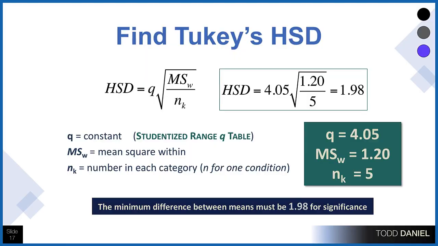We would calculate a value. And all I want you to see is that it's going to give us a number. In this case, it's a 1.98. That is Tukey's honestly significant difference. It's the minimum difference between the means that is required for true or honest statistical significance.